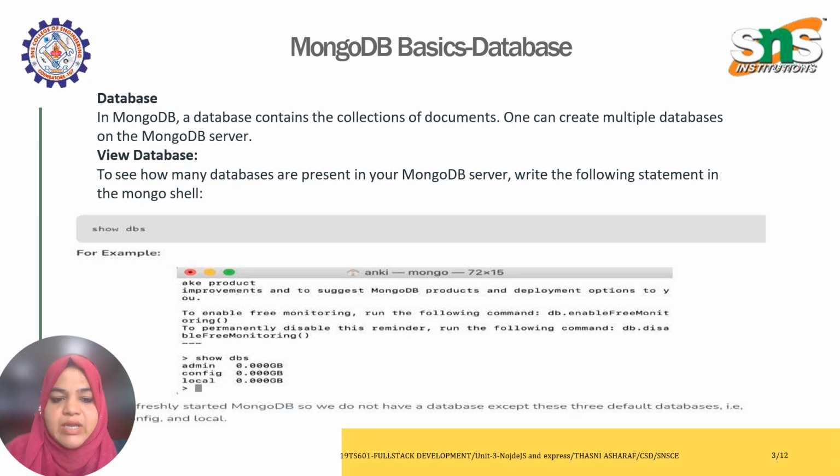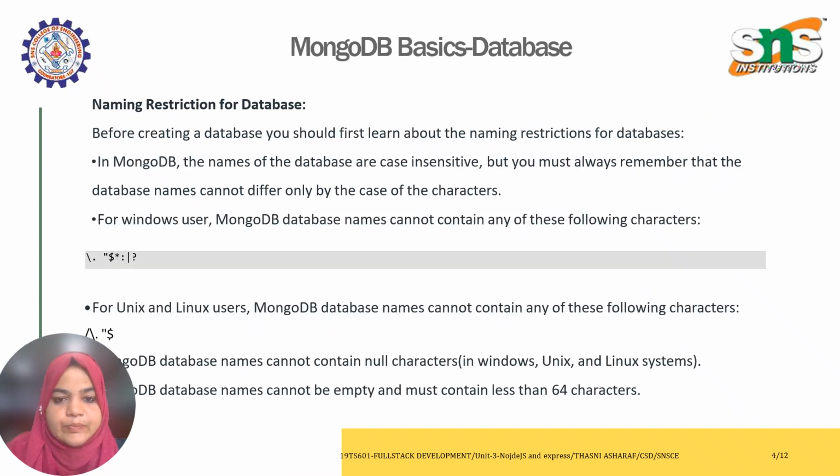To see that we have to write the following statement in the Mongo shell, which is called show dbs, that is show databases. To permanently disable the reminder, run the following command. It will show some reminder when you're opening the Mongo shell. To avoid that, we have to mention db.disableFreeMonitoring. However, freshly started, by default it will show admin, config and local.